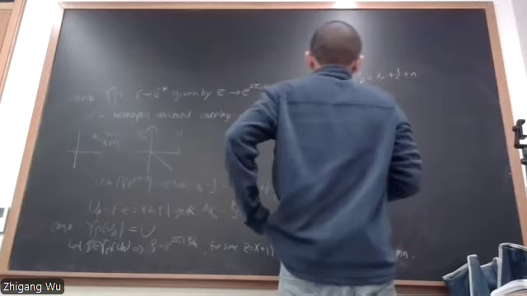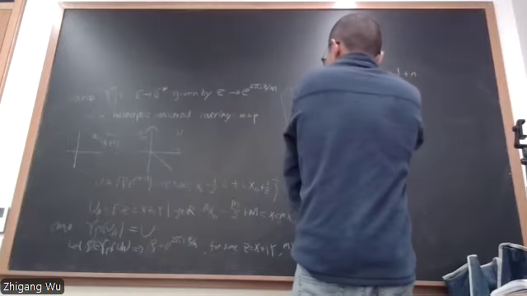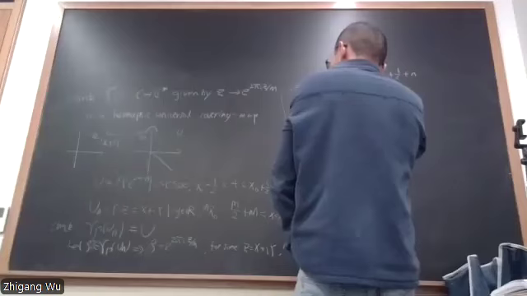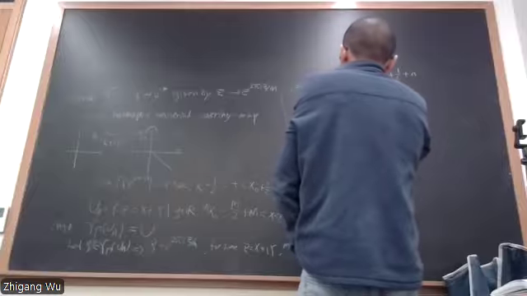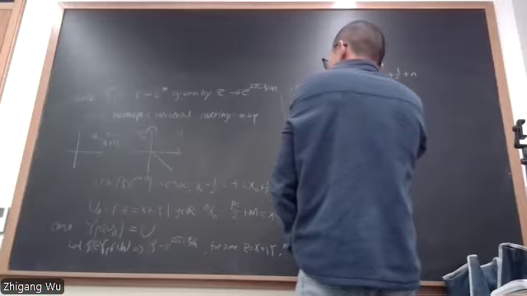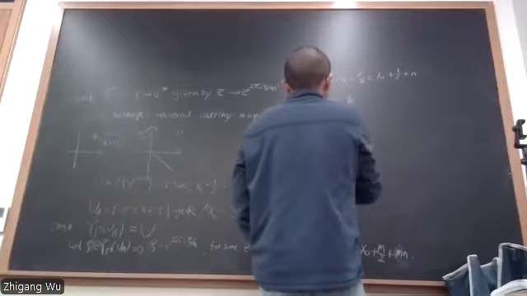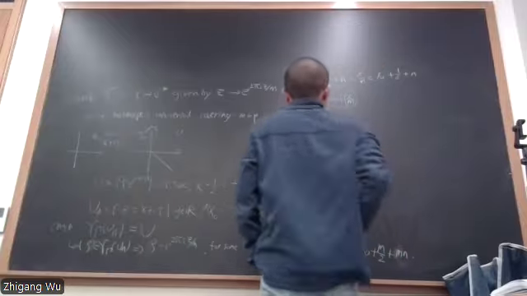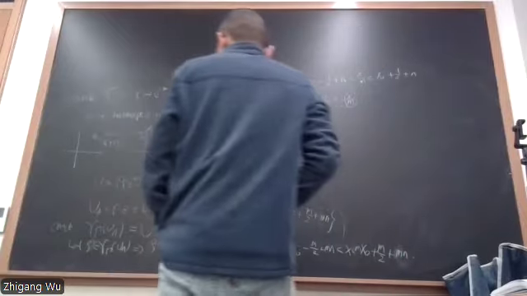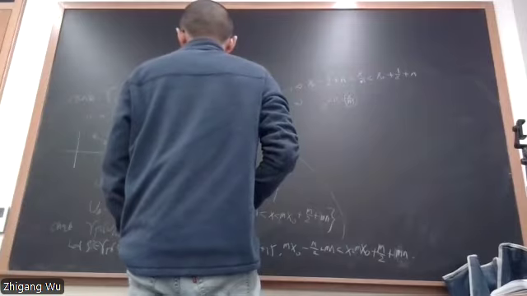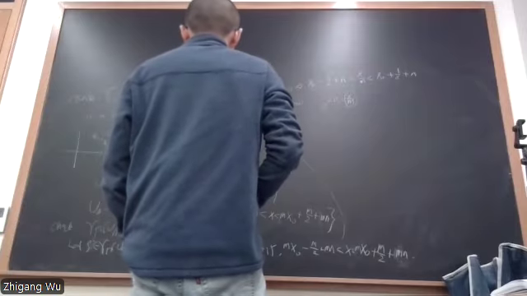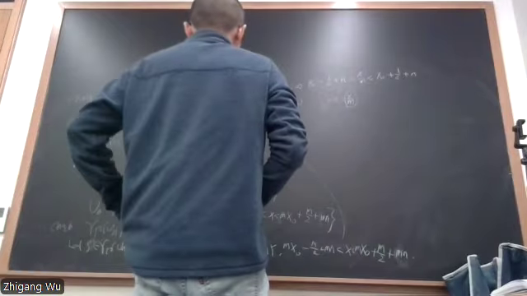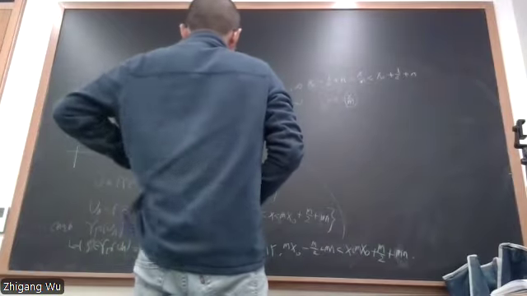Okay, so this guy, you just think of x over n as the t.